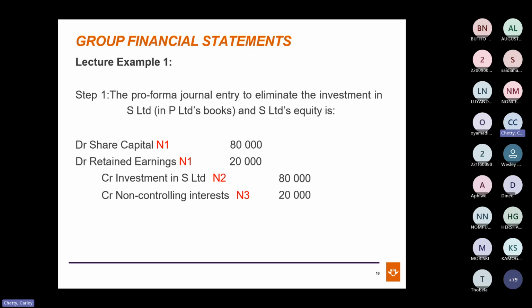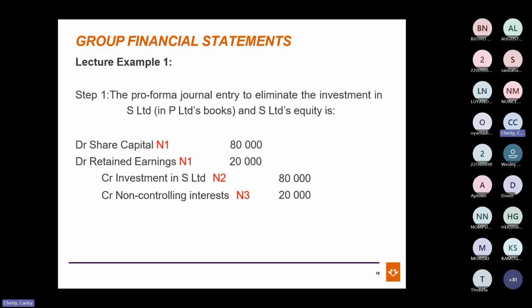We want to eliminate the share capital and retained earnings in S. Okay, so we are doing the pro forma journal entries here. We are saying debit share capital, 80,000 Rand. Debit retained earnings, 80,000 Rand. So we are simply eliminating here the equity that P has in S.